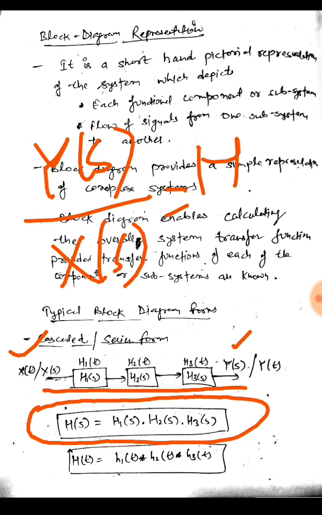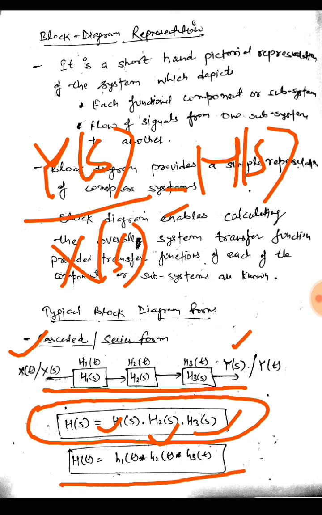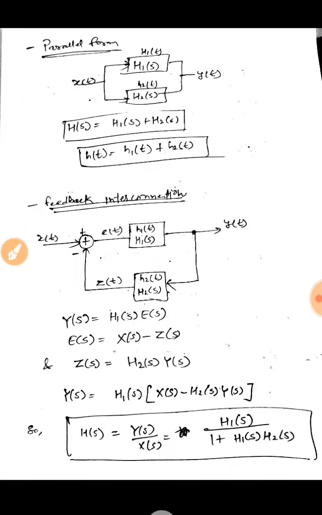This is H(s). So H(s) comes out to be H1(s) multiplied by H2(s) and H3(s) in the case of a series connection. And in the time domain it will be the convolution, as we already know that multiplication in the frequency domain is convolution in the time domain. So in the time domain h(t) would be h1(t) convolution h2(t) convolution h3(t).